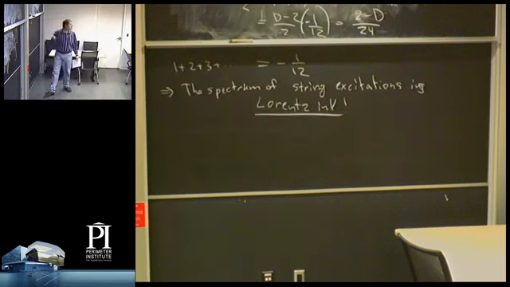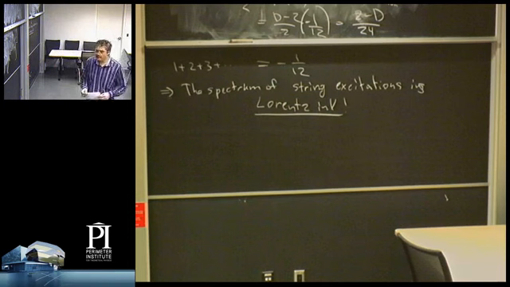So the requirement we're going to make now is that the spectrum of string excitations is Lorentz invariant. Okay, that's a requirement that we're going to have, and let's see where it leads us.